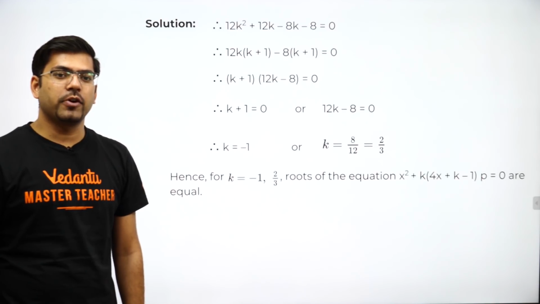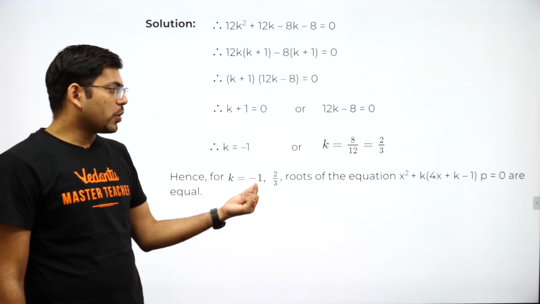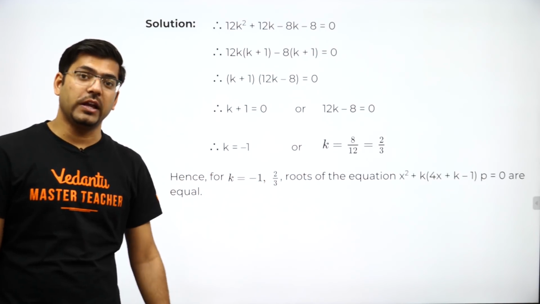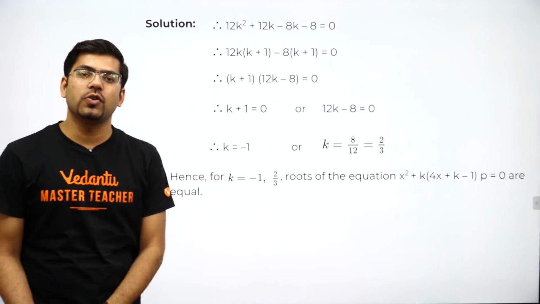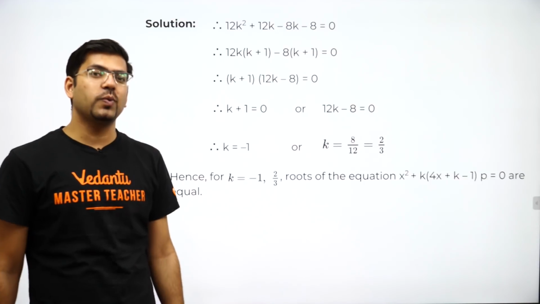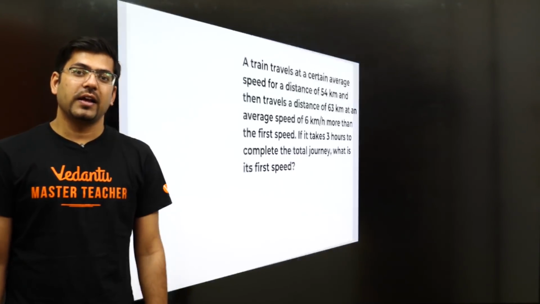For these values of k, the roots of the equation would be equal. So we have got our value of k, for which the quadratic equation should have equal roots. I guess you would have understood it, isn't it?